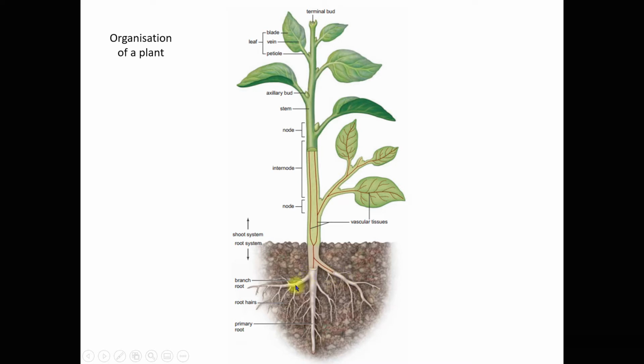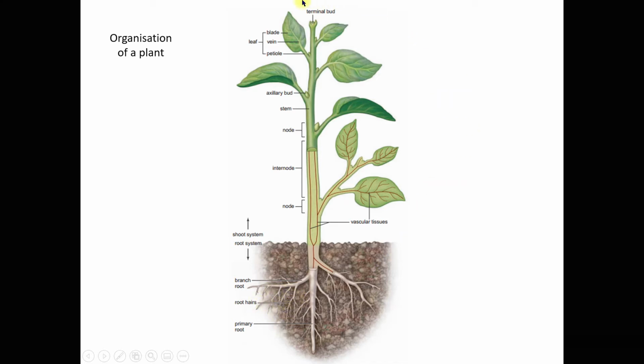This is the branch root, and from the branch root the root further extends. These are known as the root hairs, extensions from the root branch.